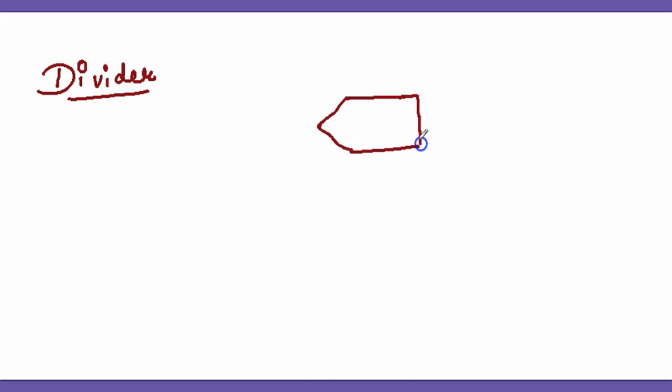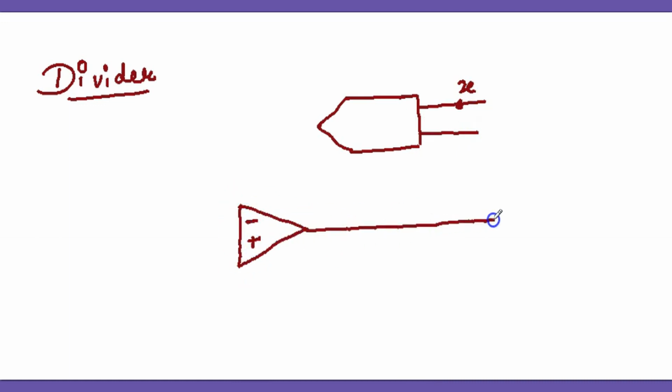Now we will discuss how we can realize a divider using multipliers. How we can realize division using a multiplier circuit. So this is a multiplier, and this one is the op amp.